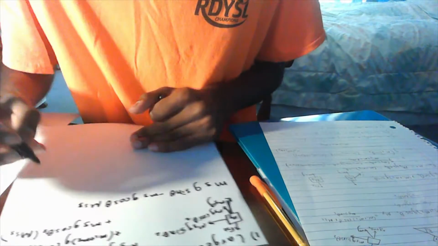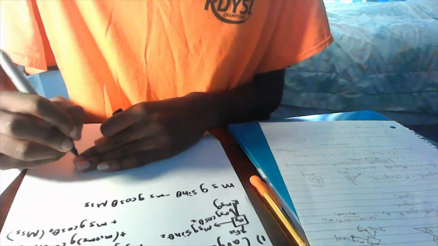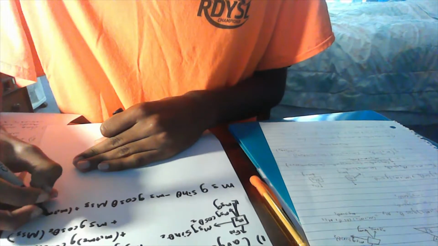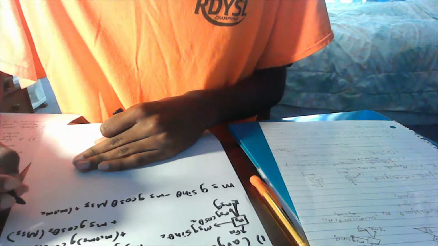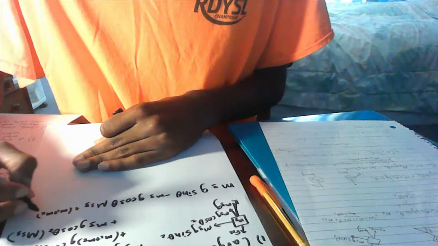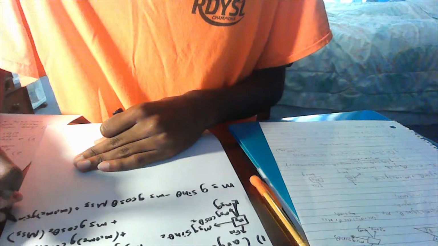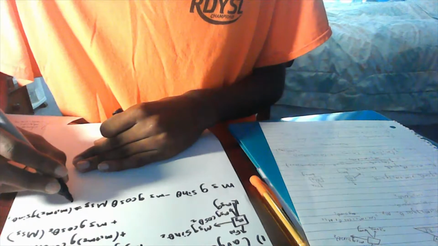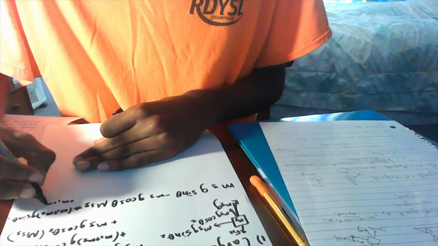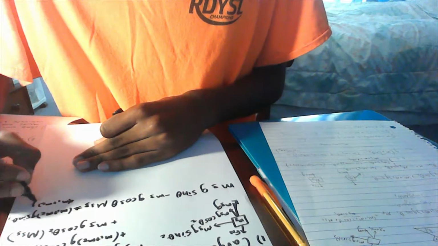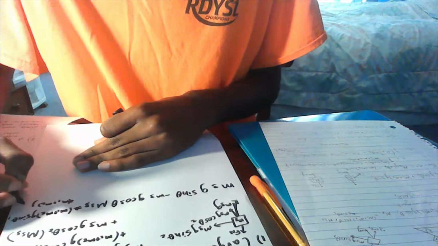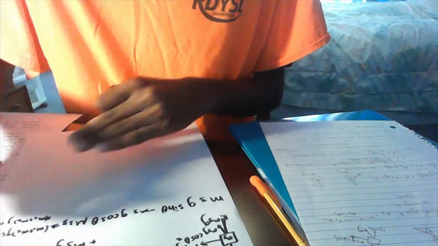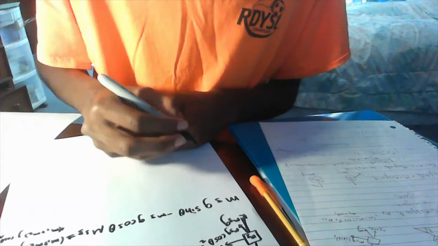So bring all the terms with M3 to the left side, just simple algebra. That's kind of messy, but we can simplify that.